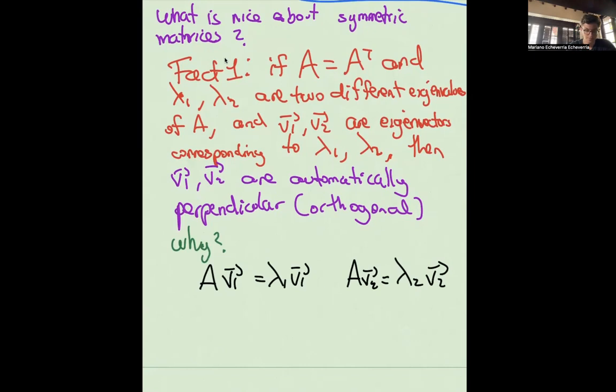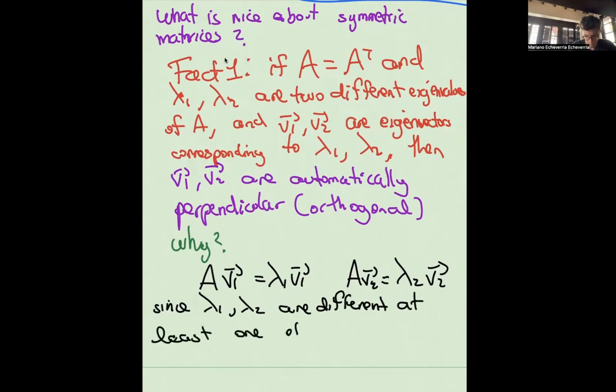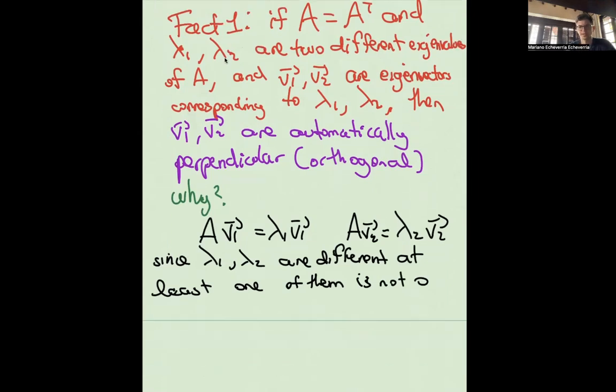Now, since these eigenvalues are different, at least one of them is not 0. Let's assume that lambda1 is non-zero.